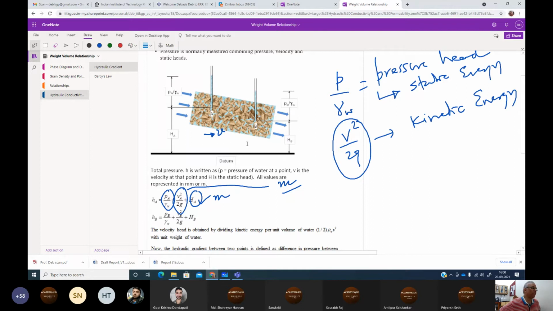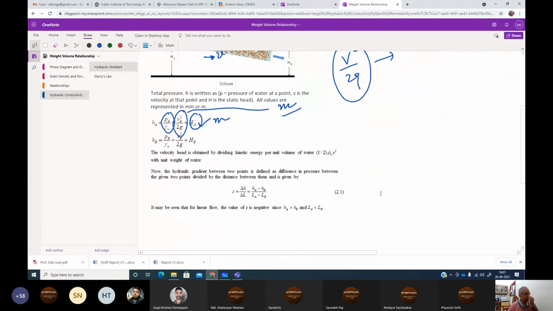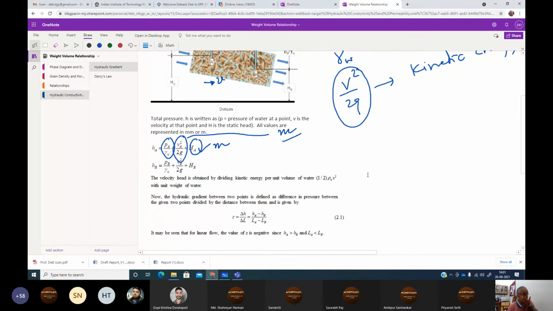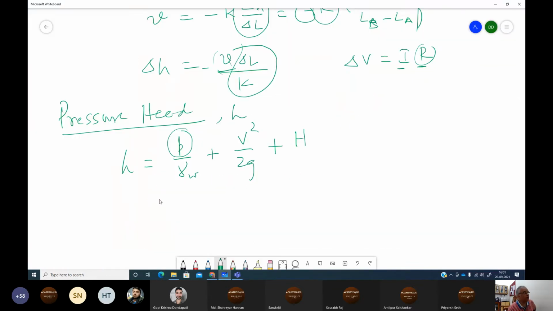So compared to the head generated by pressure and elevation, the kinetic one will be much smaller. So normally it is basically pressure by density plus H, capital H. This is what we normally consider, and this basically becomes the hydraulic gradient as I gave you here.